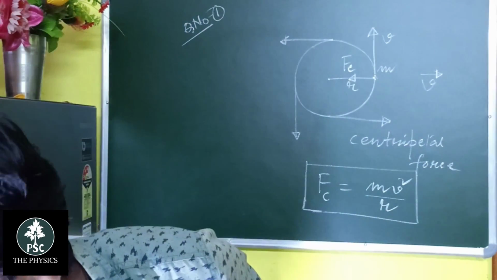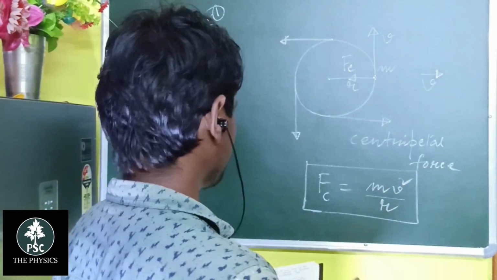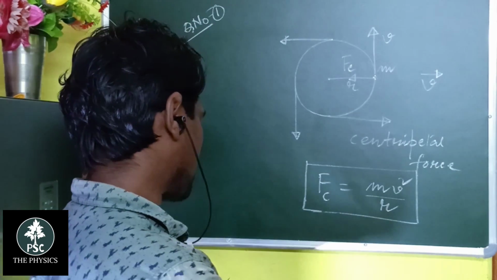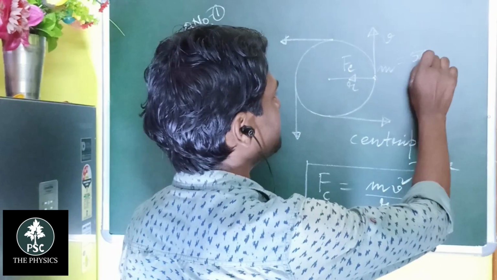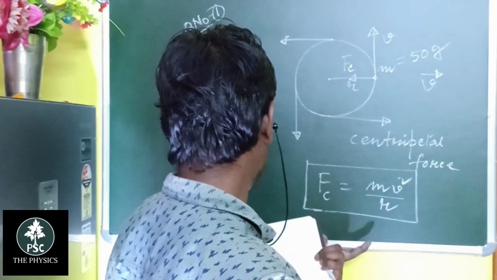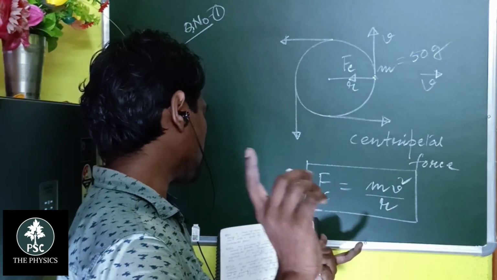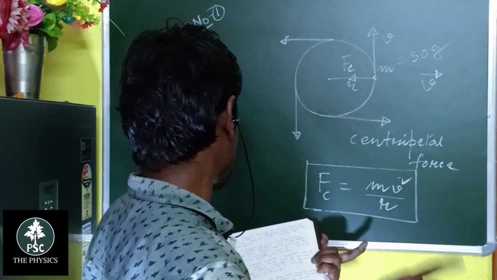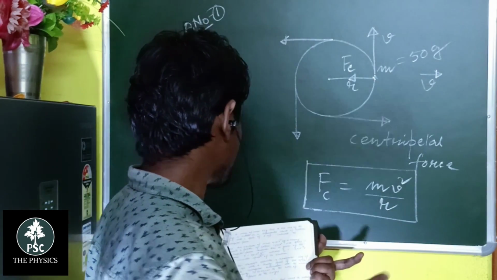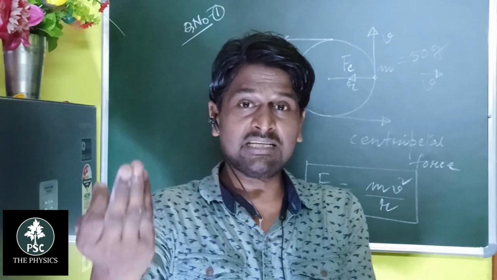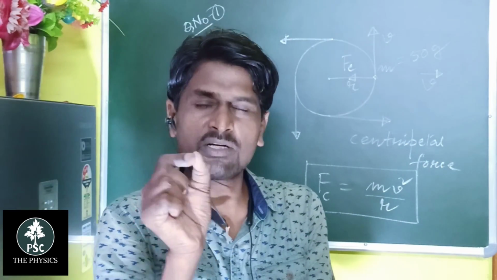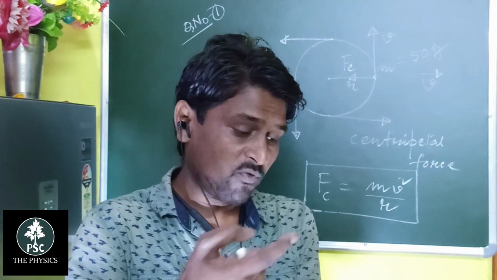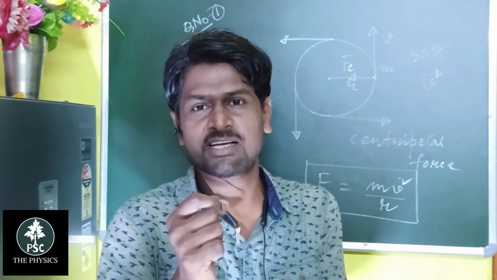So the first question: a stone of mass 50 gram is tied to one end of a string. It is more interesting if you pause the video and calculate this numerical, and when I solve it, you can check the answer.